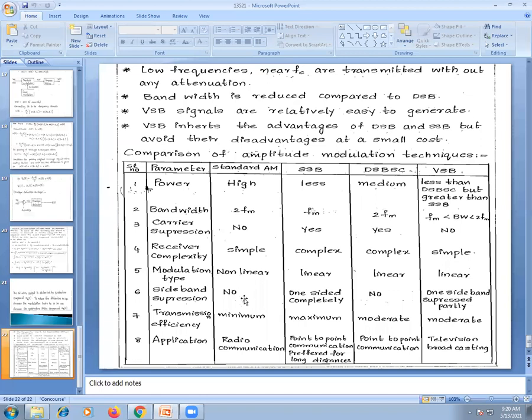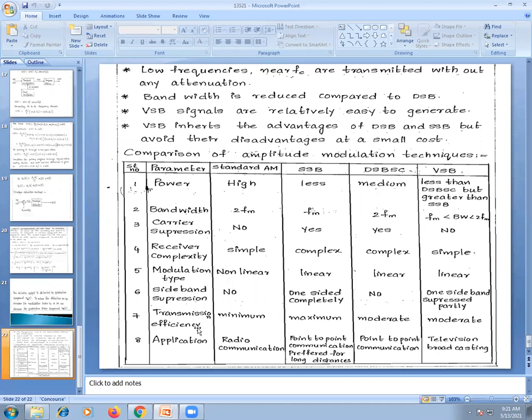In AM there is no sideband suppression because the sidebands and carrier are transmitted along with the AM. In SSB one sideband is suppressed. In DSB-SC no sidebands are suppressed. In VSB one sideband is suppressed partially, not completely.